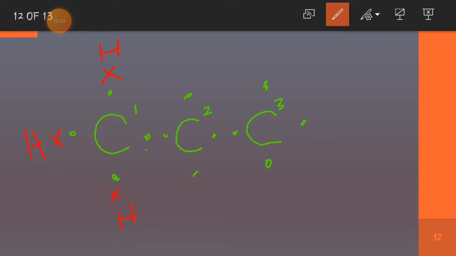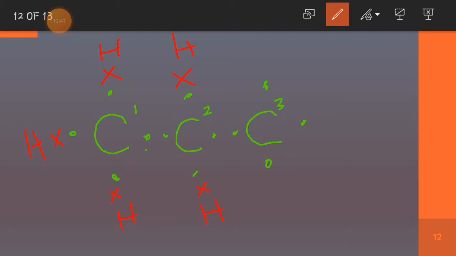Now for the second carbon atom, 2 electrons of the second carbon atom are being shared with 2 other carbon atoms. So the second carbon atom contains 2 unpaired electrons. These unpaired electrons will be shared with 2 hydrogen atoms in order to complete the octet of the second carbon atom.